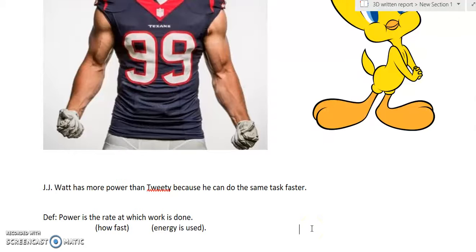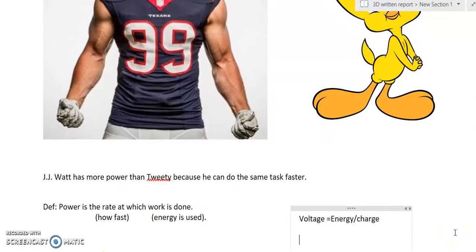And energy is, of course, voltage, right? Remember, voltage is how much energy each charge has. So it's energy over charge. Now, current, on the other hand, is a rate also.